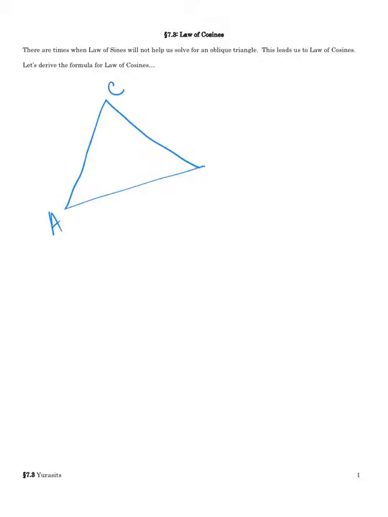That guy B, C, and this one B. And now I'm going to go ahead and drop down the altitude. And so we have that this side length would be B, this side length is A, and this whole length is C. We'll name this H once again.